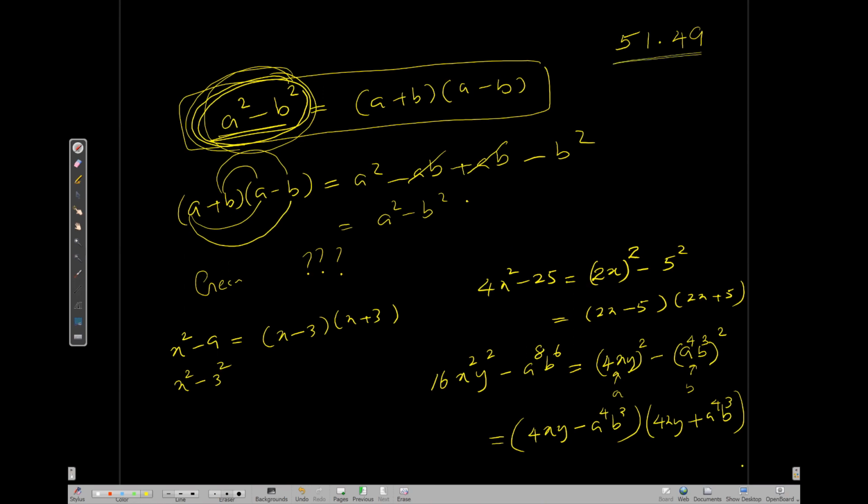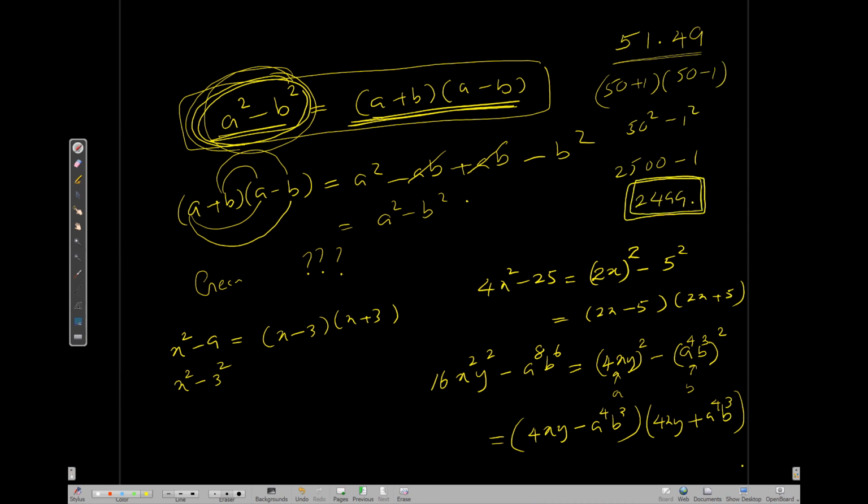So 51 times 49. 51 is 50 plus 1, right? 49 is 50 minus 1. See, it's in this form. So I'm applying the reverse of this. So this should be 50 squared minus 1 squared. Now 50 squared, that's easy that you can do it in your mind. 2500 minus 1. 2499. See, there are tricks like this to do nice simple multiplications. I mean, difficult multiplications can be made easier using these kind of simple formulas.